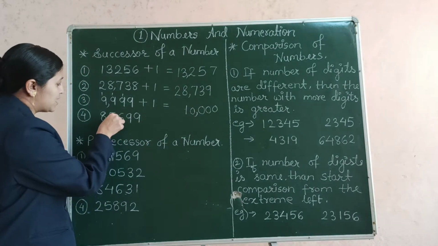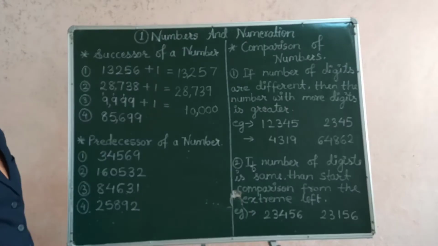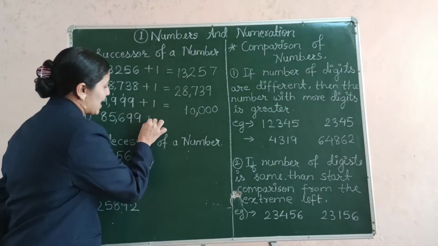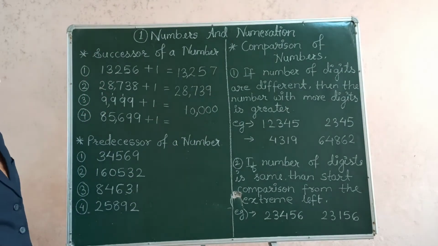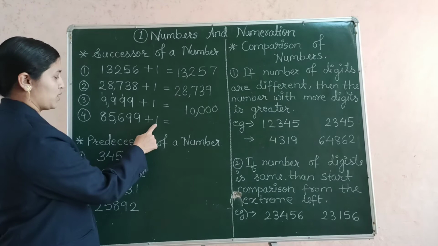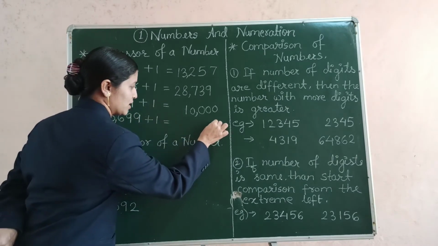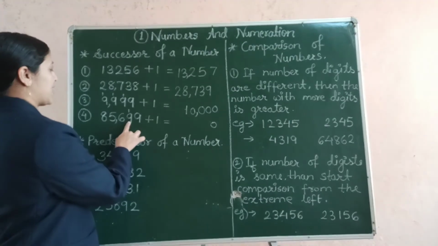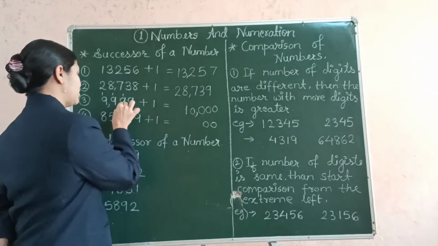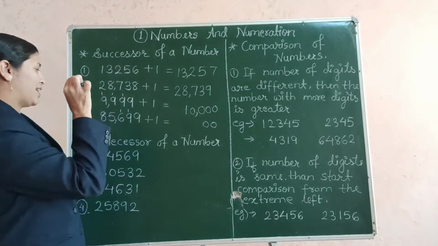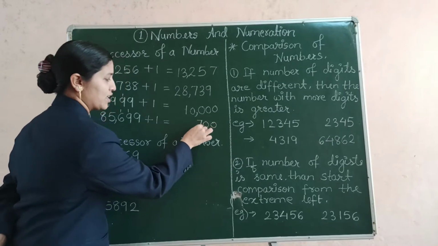We will also take one more example. The number here is 85,699, and we will add 1 to this number to get the successor. So 9 plus 1 will become 10. 1 is kept here and 0 is written here. Next, 9 plus 1 again: 0 here and 1 is carried over the 6. 6 plus 1 becomes 7, a one-digit number.